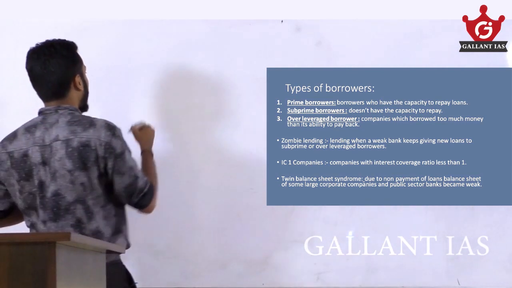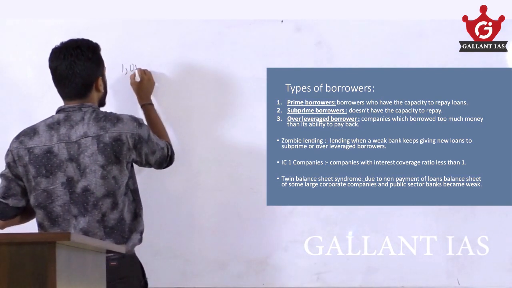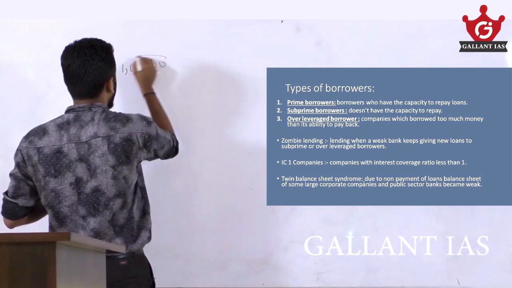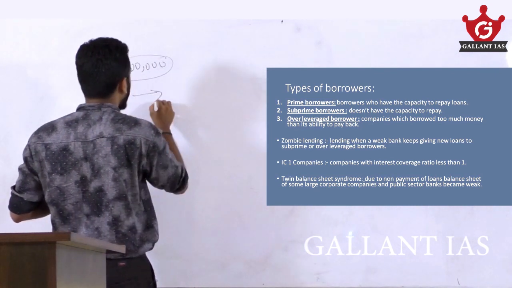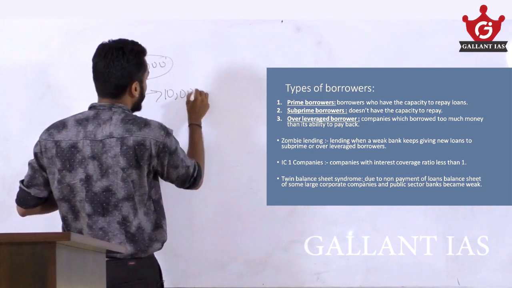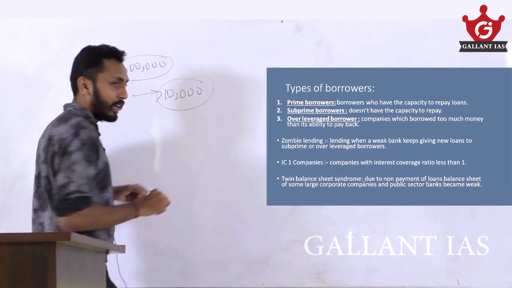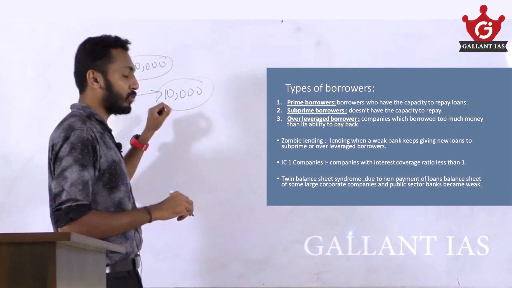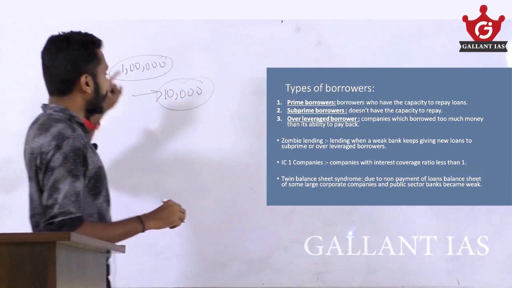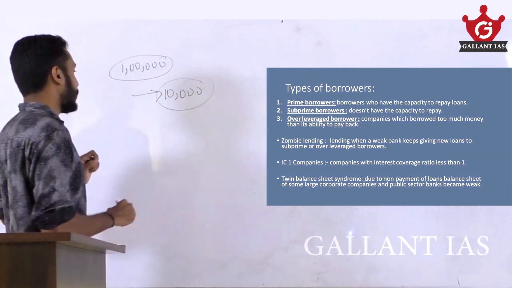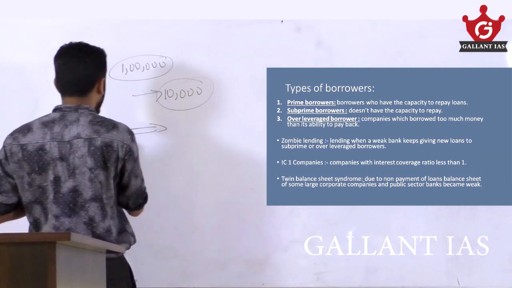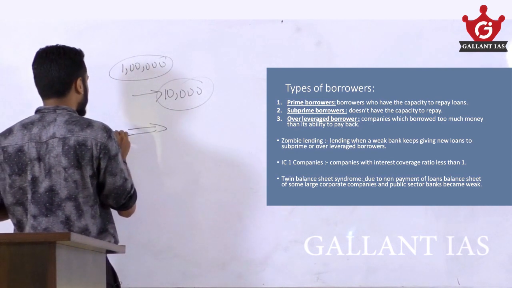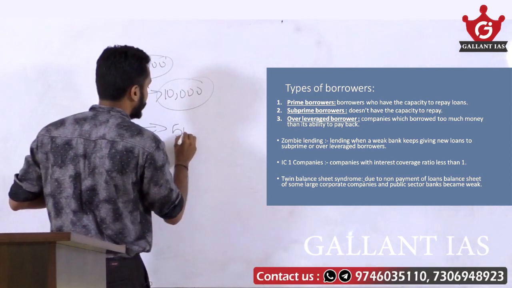That means I am taking a loan of 1 lakh rupees and I have to pay 10,000 rupees monthly, including principal and interest. And my monthly income is 50,000 rupees.